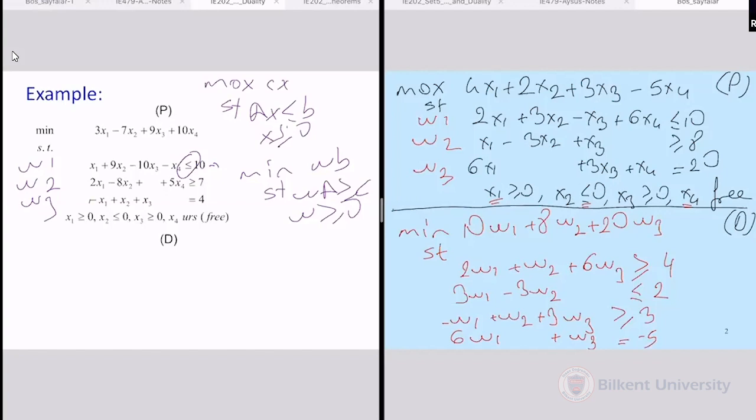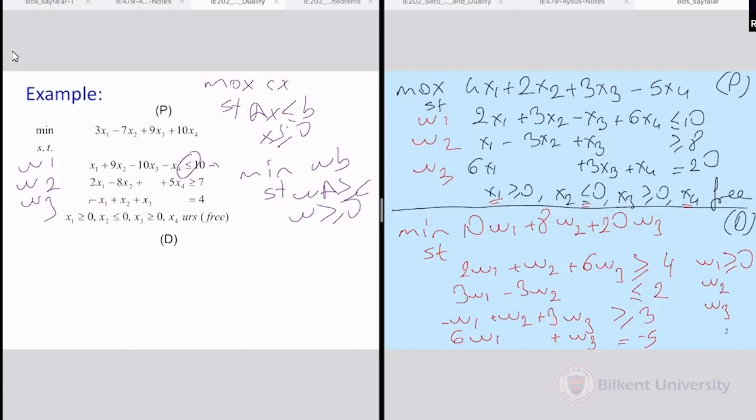I've written the constraints. Now I'm going to write the domain constraints for those 3 W's. So I'll have to tell the model W1, W2, W3. Okay? W1 is corresponding to the first constraint. Maximize, less than or equal to. It's in the correct form, so W1 will be in the correct form, which is greater than or equal to 0. Okay? W2 is written for the second constraint.